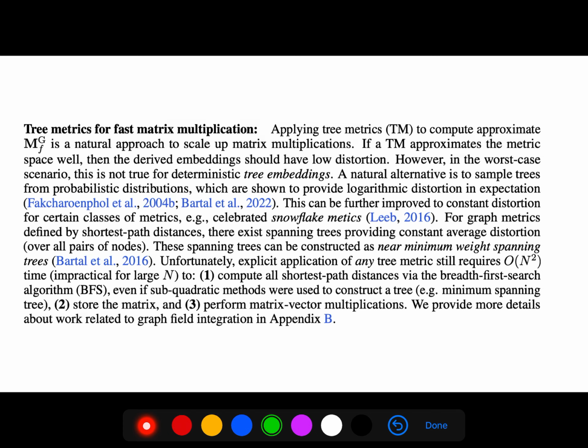However, in the worst case scenario, this is not true for deterministic tree embeddings. A natural alternative is to sample trees from probabilistic distributions, which are shown to provide logarithmic distortion in expectation.